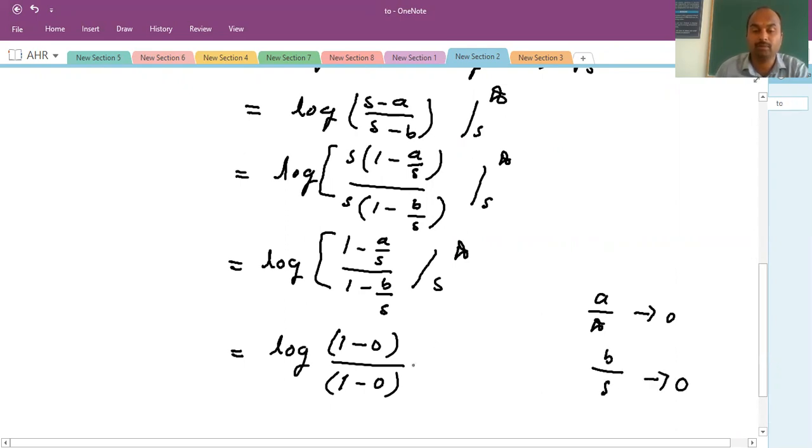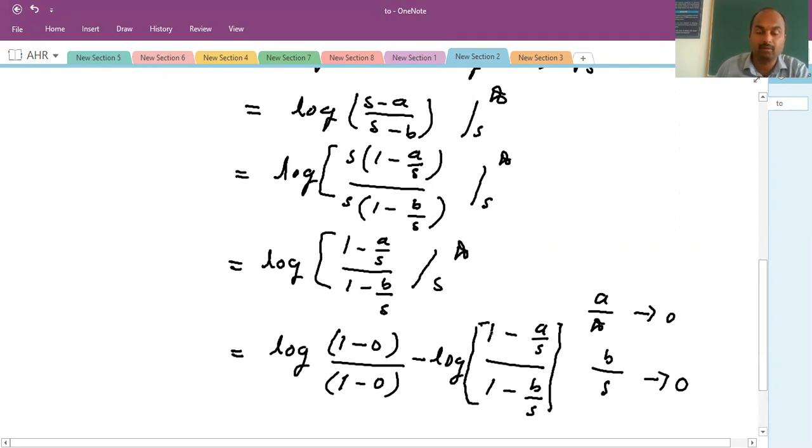So it becomes 1 minus 0 in both numerator and denominator. Now I'll replace the lower limit s by s itself. So what you'll get? I'll get (1 minus a by s) divided by (1 minus b by s). So both the limits, s will be replaced by s itself.